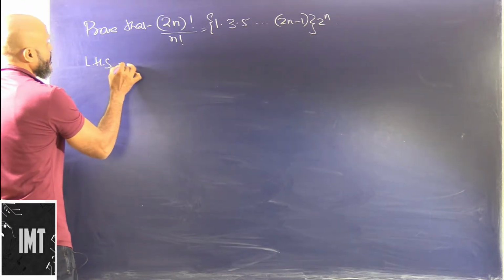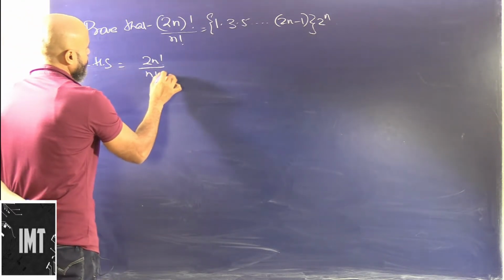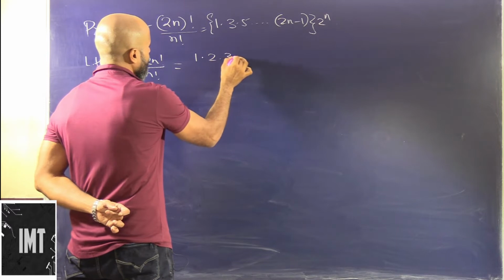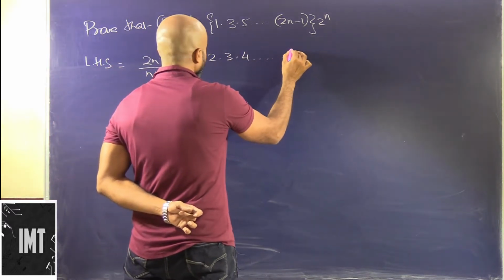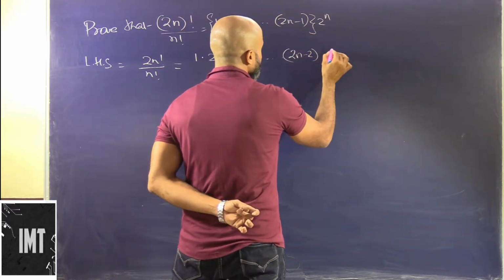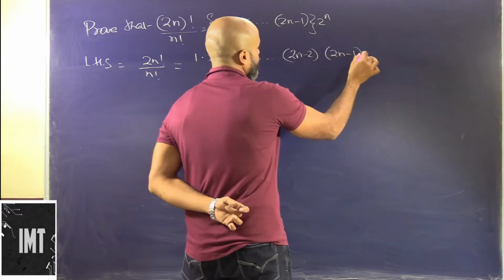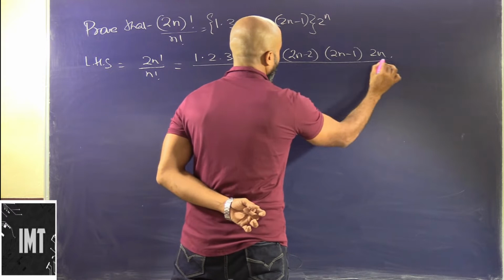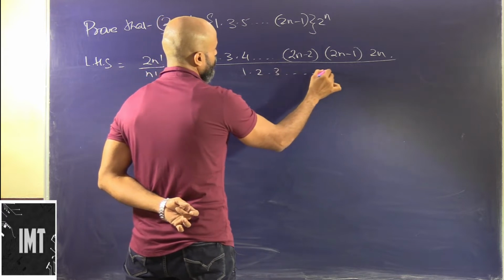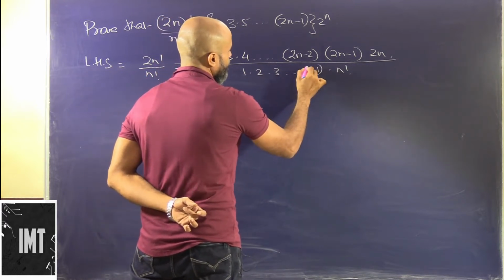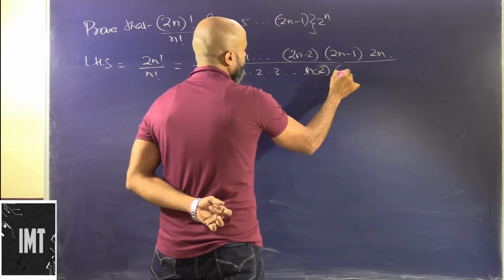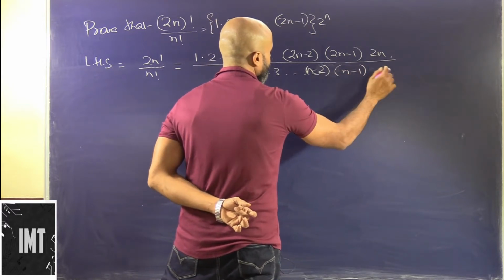LHS here will be factorial 2n by n, which would mean 1 into 2 into 3 into 4 up to 2n minus 2 into 2n minus 1, and then finally 2n, upon factorial n, that will be 1 2 3 up to n minus 2, n minus 1, and then n.